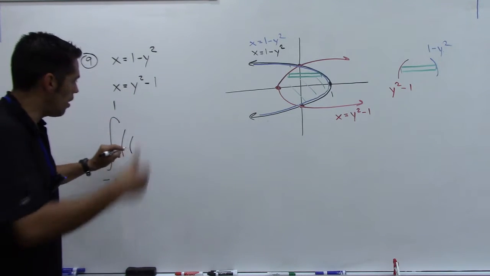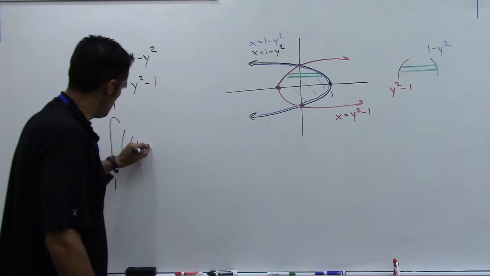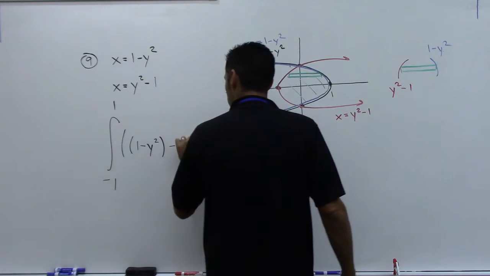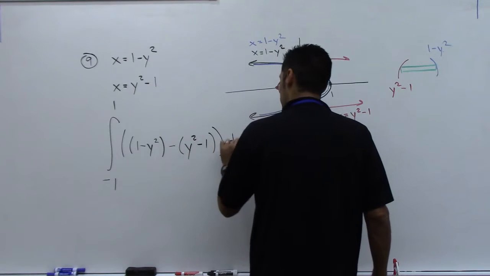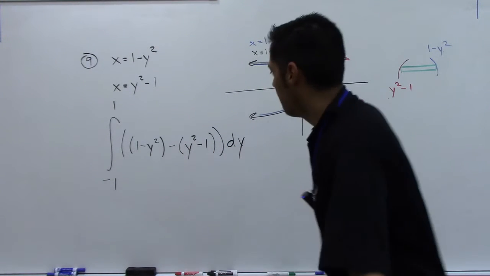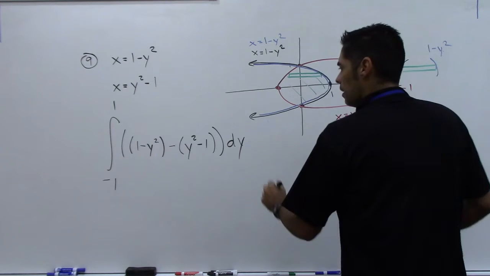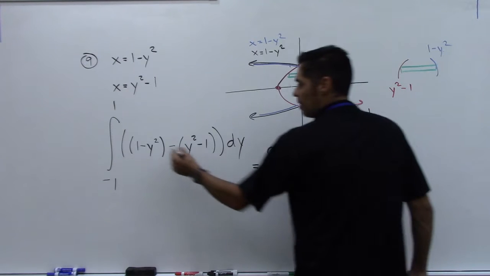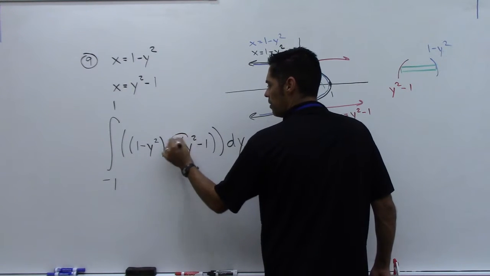It's going to be the right function, which was the 1 minus y squared, minus the left function, which was y squared minus 1. And then I'm integrating with respect to y. And so this equals integral -1 to 1. I can drop the parentheses here. Here I distribute.